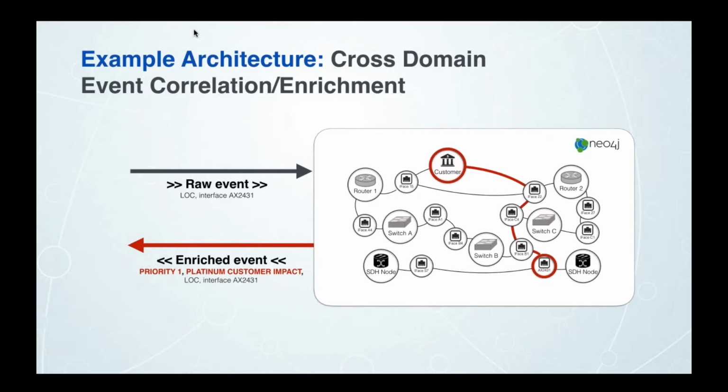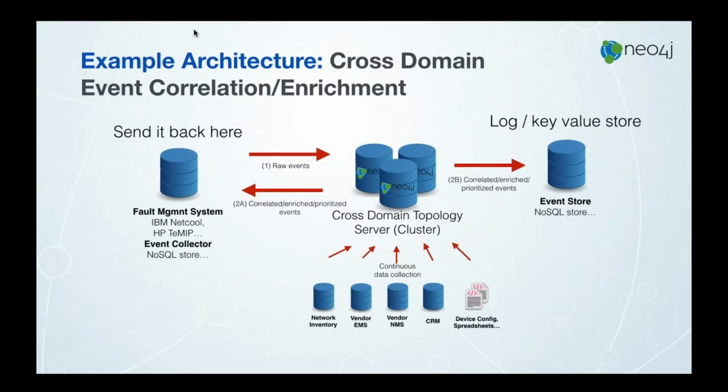Another way to look at this is from an architecture point of view. So here we have a cluster of cross-domain topology service with Neo4j that ingests data from your different existing sources. And in this example, a registered raw event that we saw from before is sent back as an enriched event either to your fault management system or is logged into your event store. But this is the basic architecture for how this will work.